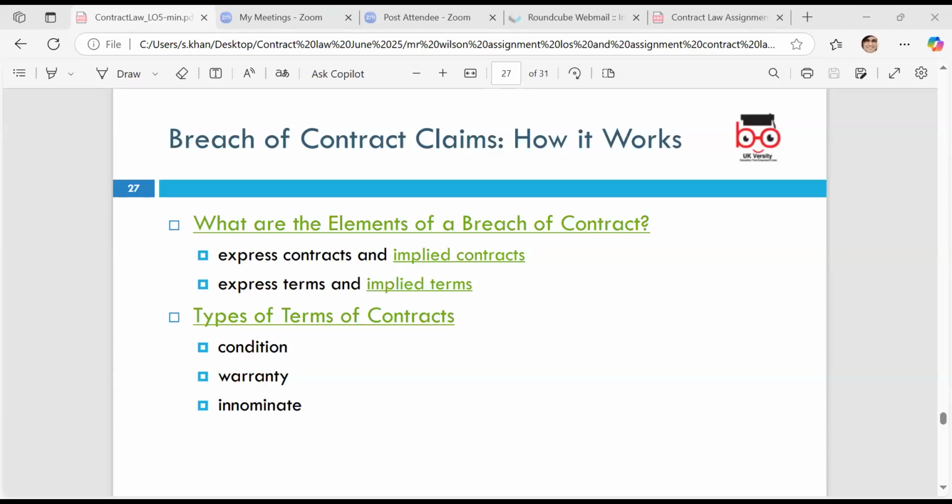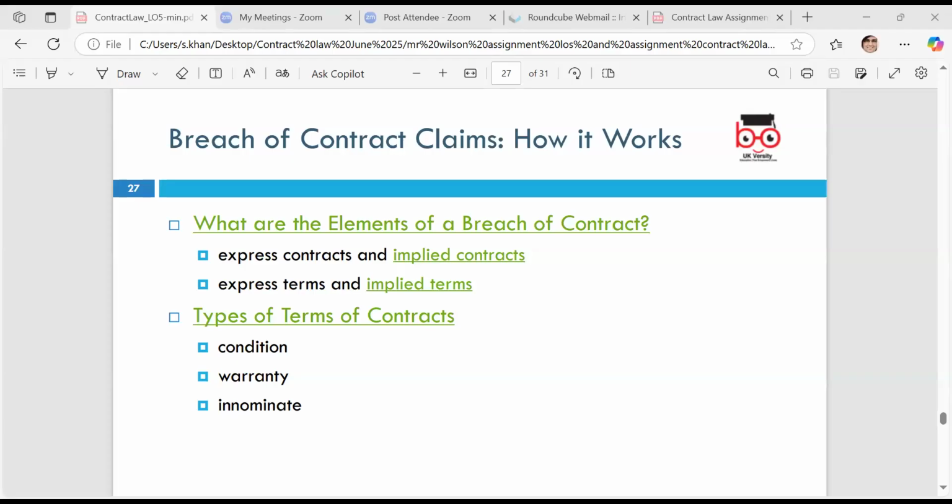A breach of contract claim arises when one party in a legally binding agreement, as we said, fails to fulfill their obligations. To make a claim, the innocent party must prove the existence of a valid contract, the breach of that contract, and the resulting loss or damage. If successful, the court may award damages to compensate the injured party, aiming to put them in that position.